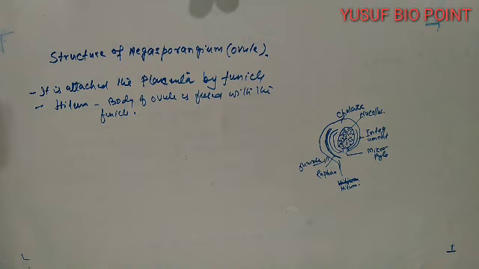One thing is important: the cells of the nucellus are 2n, meaning all cells are diploid.